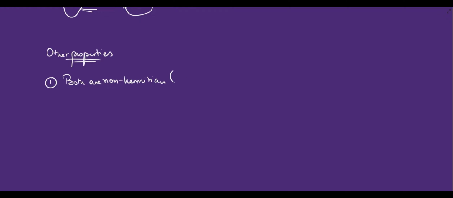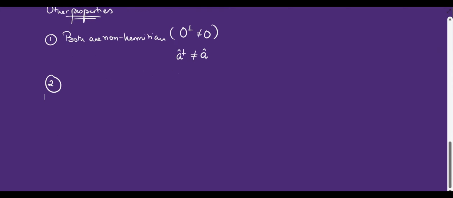Now there are some properties of these operators which are important. One, both are non-Hermitian operators. By non-Hermitian I mean that a dagger, or any general operator O dagger, is not equal to O. You can easily see that a dagger is not equal to a, because they have different operations when they act on the number state. So they are not the same.